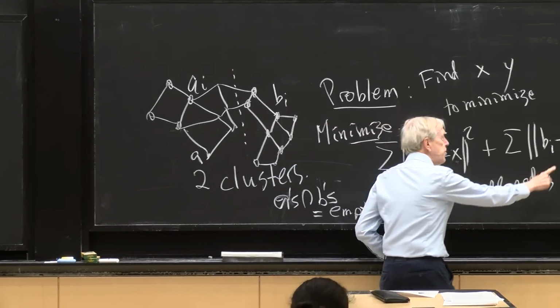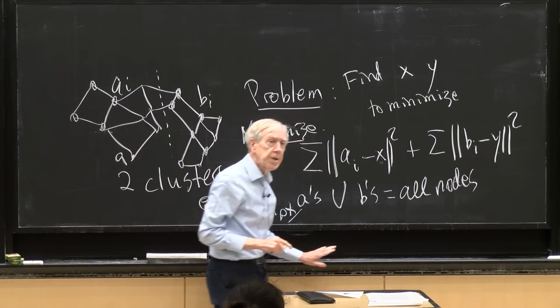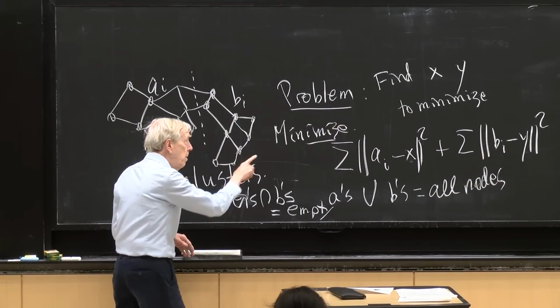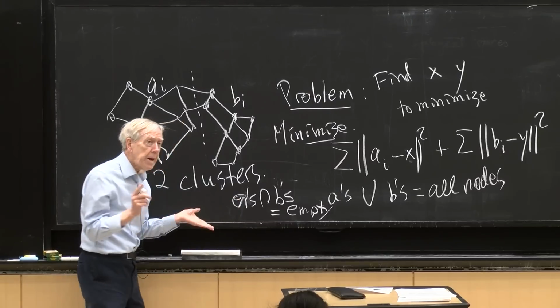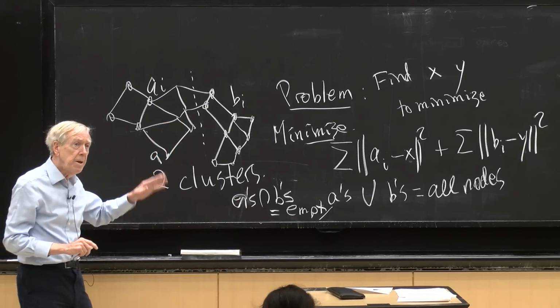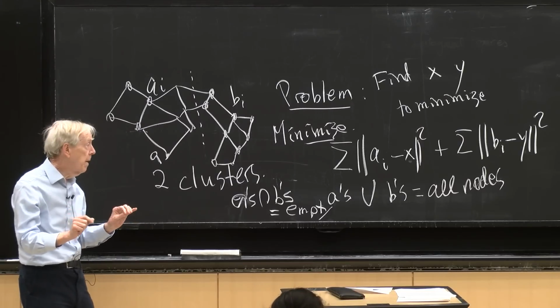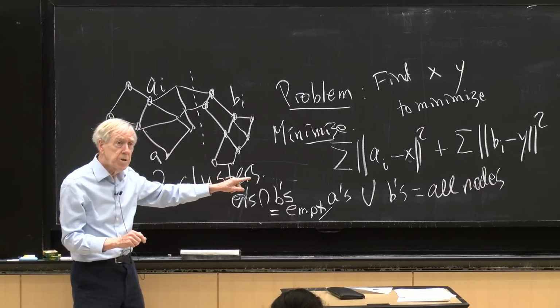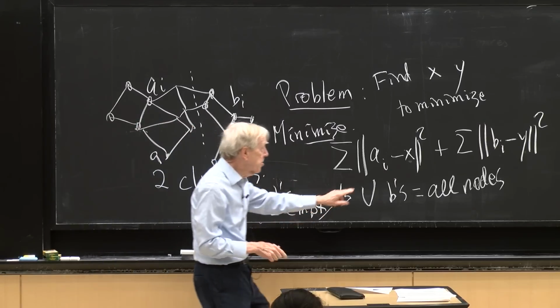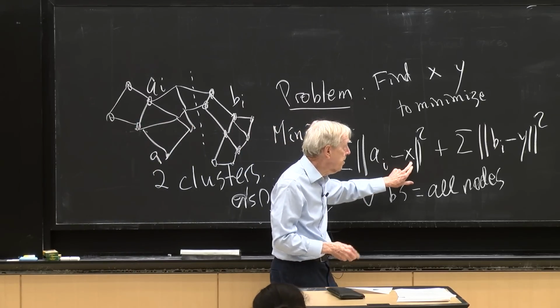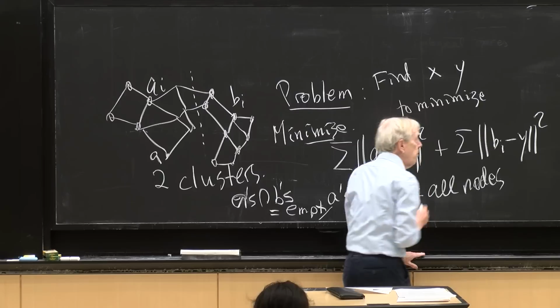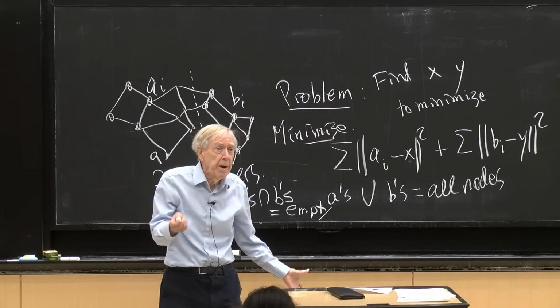And what would be the best choice of the Y once you've decided on the B's? We can answer that question. If we knew the two groups, we could see where they should be centered, with the first group centered at X, the second group centered at Y. And what does centering mean?